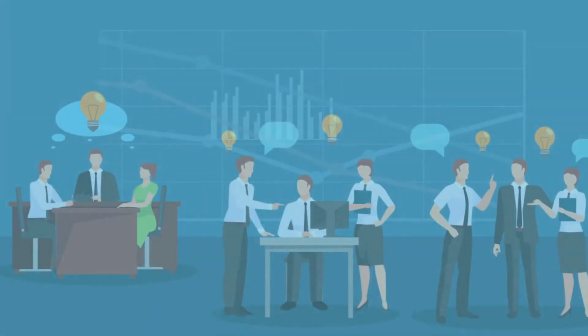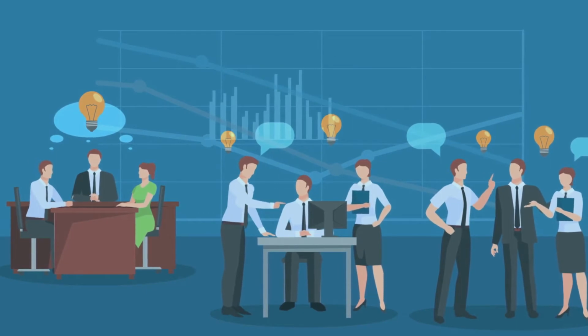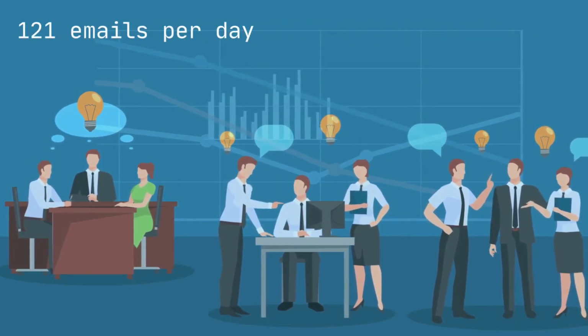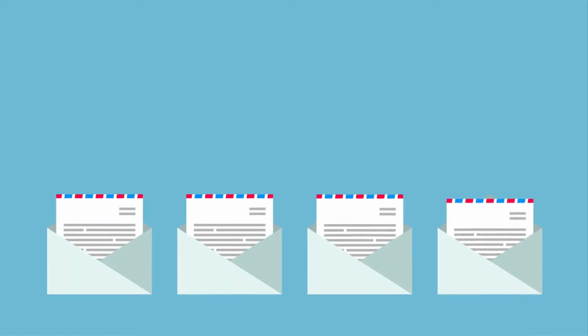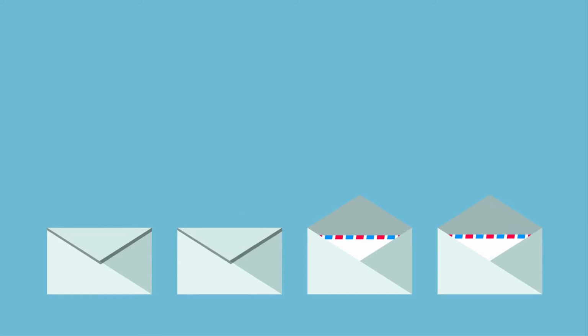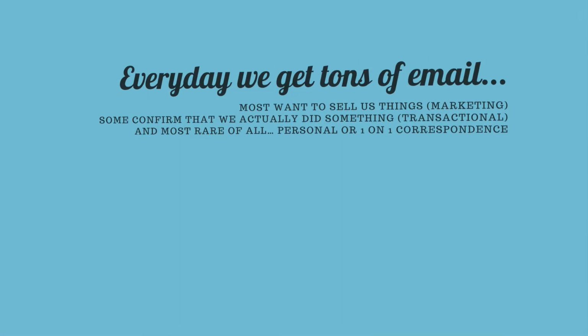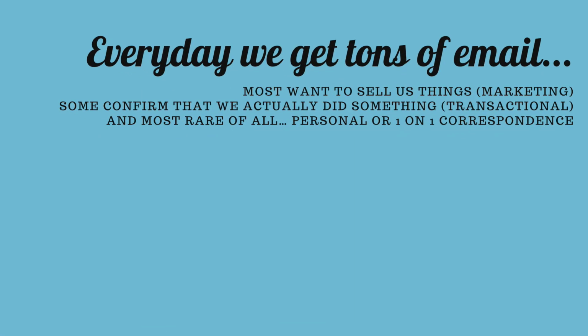It's been reported over the past few years that the average business person receives 121 emails each day. The internet and email are now considered basic infrastructure for any business, right alongside electricity, heat, and water. As Randall points out, every day we all get tons of email. Most want to sell us things, marketing.